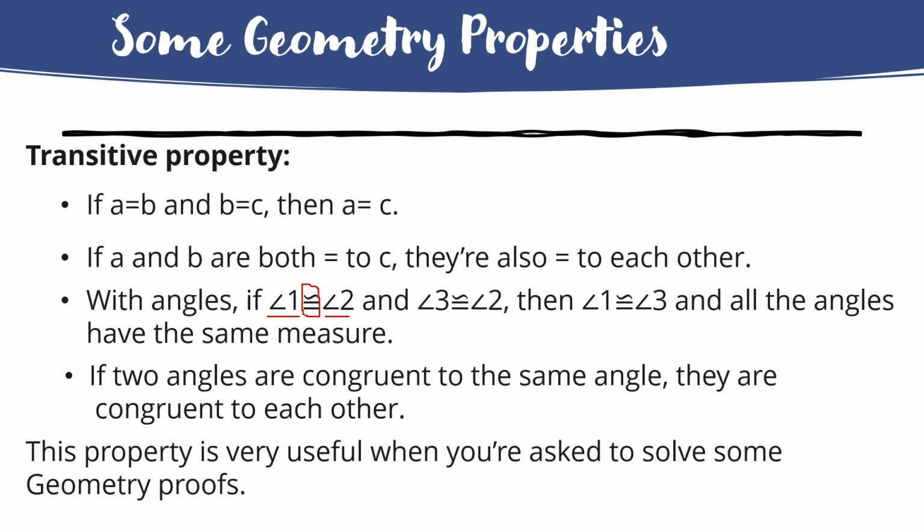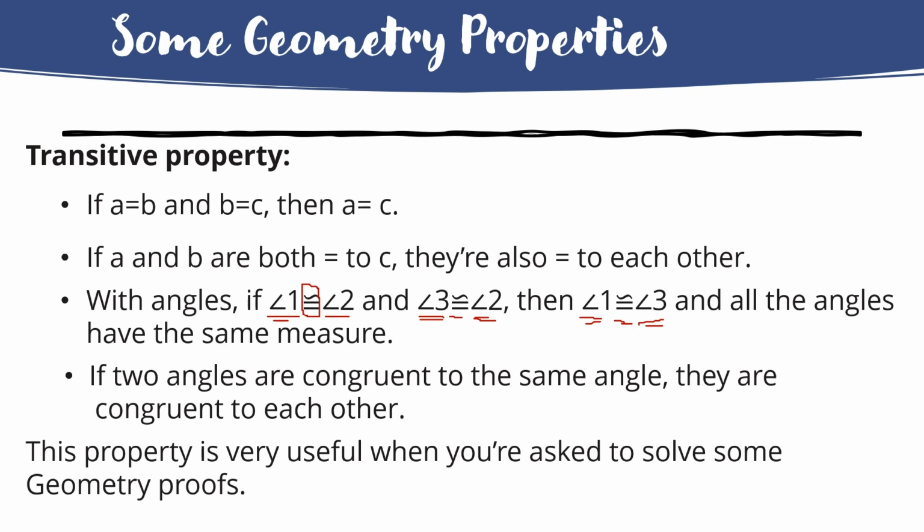If you're told that angle 1 is congruent to angle 2 and angle 3 is congruent to angle 2, then angle 1 is congruent to angle 3. And why is that true? Because angle 1 is congruent to 2 and 3 is congruent to 2, which means 1 and 3 are congruent to each other. And that means that they all have the same measure.